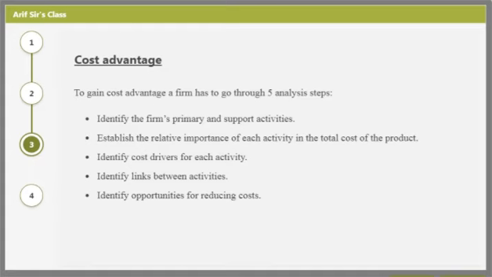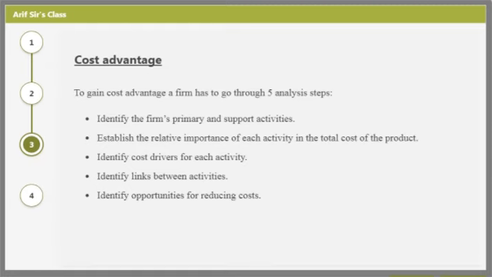In the fourth step, we identify the links between the activities. Identifying the links between activities will lead to a better understanding of how cost improvements would affect the whole value chain. For example, fewer components in the product design may lead to fewer faulty parts and hence lower service costs. The fifth step is to identify the opportunities for reducing the costs.